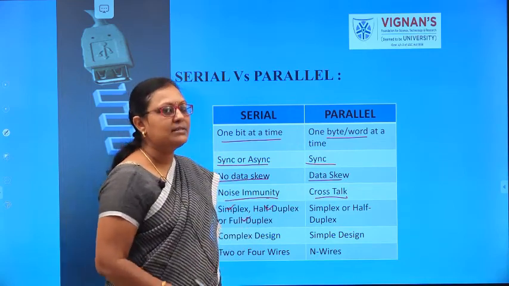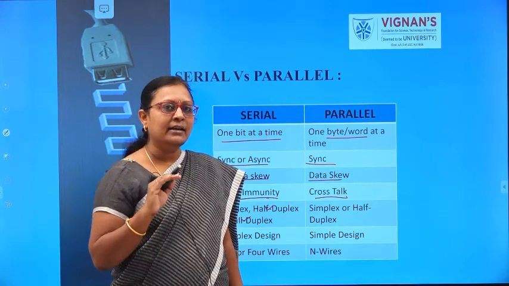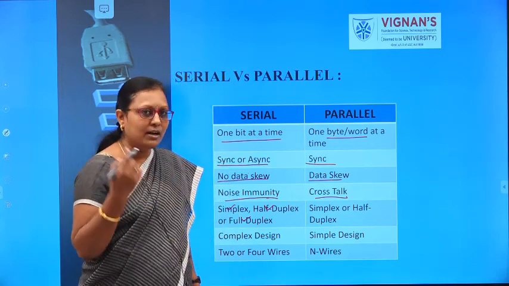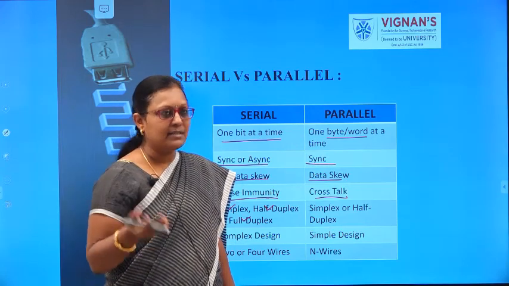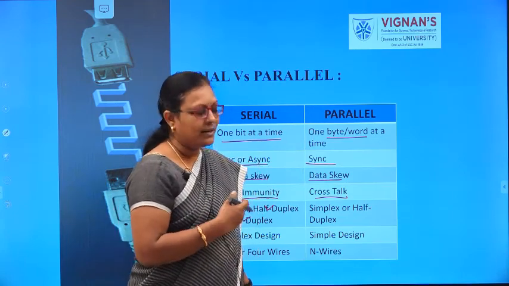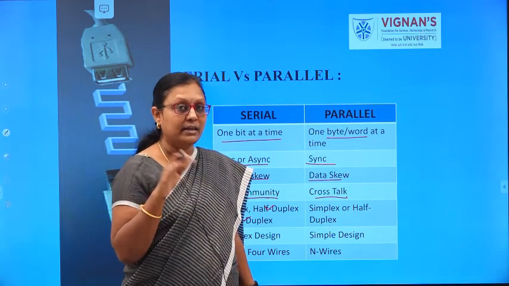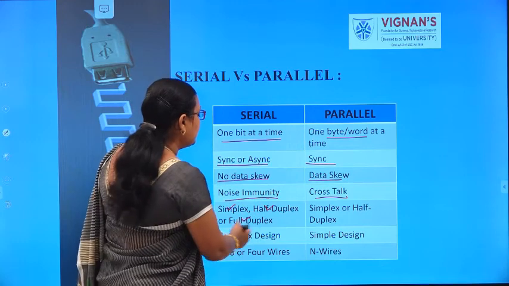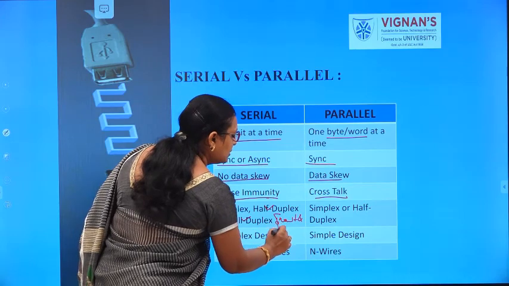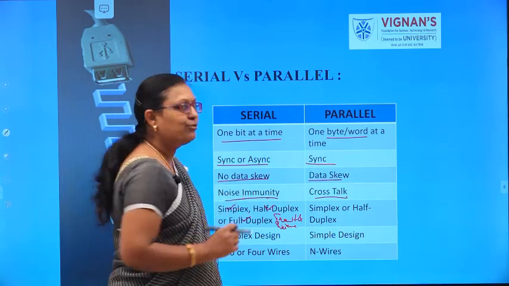Simplex means we have a sender and a receiver, two devices, and the sender can only transmit, it cannot receive. In half duplex, the sender can transmit at one time and at another time period it can also receive. In full duplex, both sender and receiver can transmit as well as receive simultaneously. That is the full duplex method.